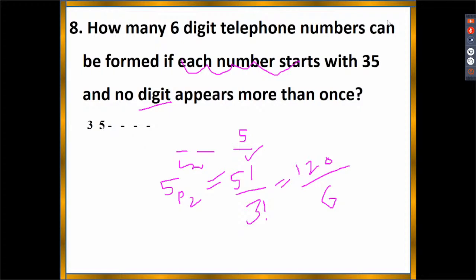How many 6-digit telephone numbers can be formed if each number starts with 35 and no digit appears more than once?